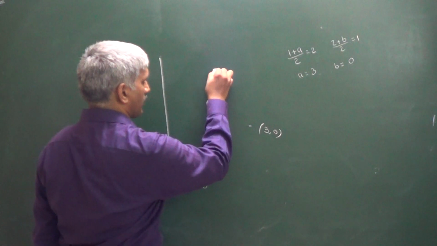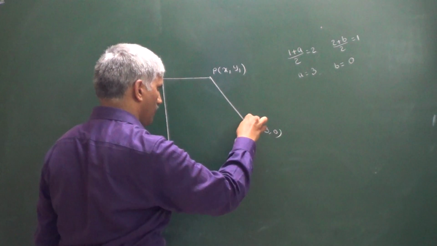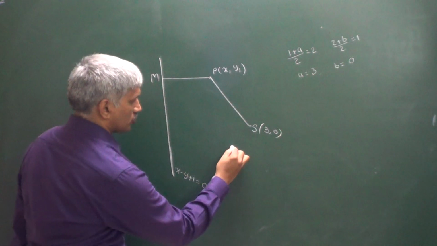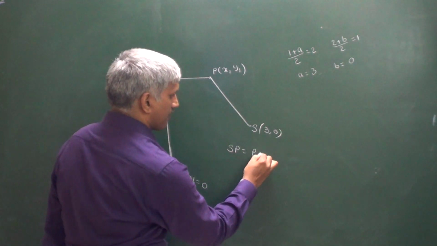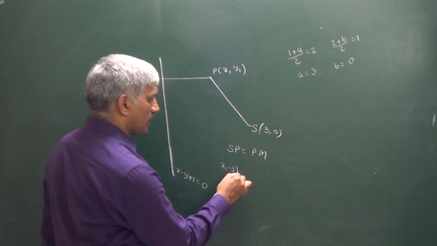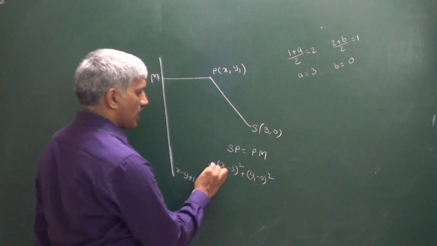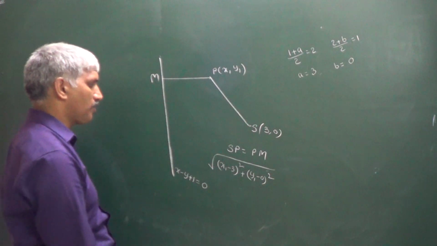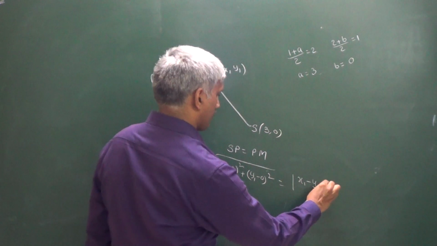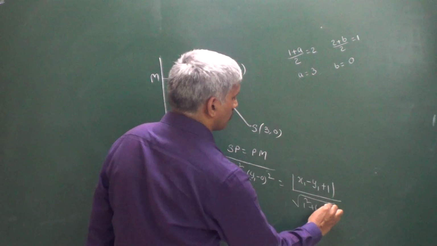Now we can find the parabola equation just like the earlier one, using the standard definition: SP equals PM. So the square root of (x1 minus 3) whole square plus (y1 minus 0) whole square, that is SP, equals PM, which is the modulus of (x1 minus y1 plus 1) divided by the square root of 1 square plus (minus 1) whole square.